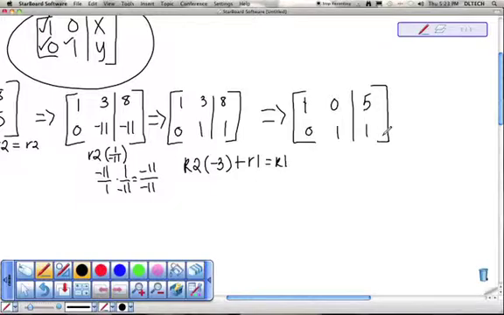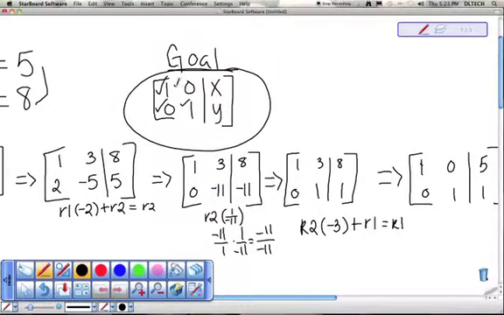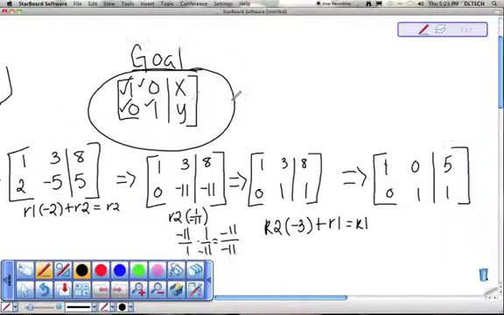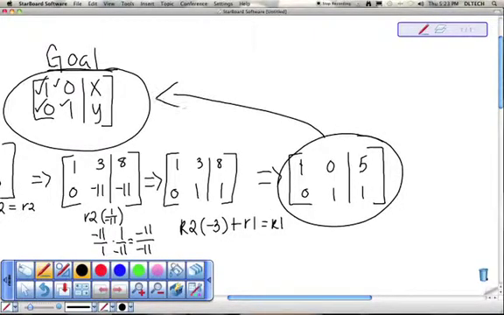So as you can see, we're done with our fourth and final goal, and our matrix looks the same as our goal matrix. And so we can say that x equals 5 and y is equal to 1.